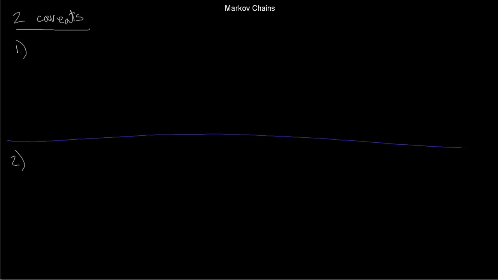Now, there are 2 caveats that I need to make clear here. Regularity is not all you need. So first, I should say that a steady state vector can exist for a matrix that is not regular.